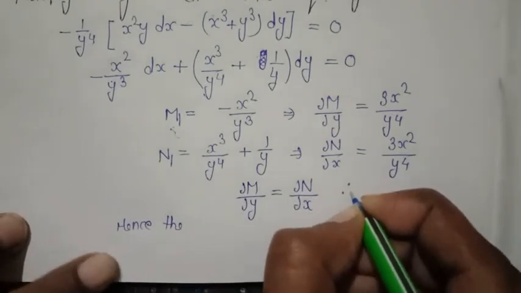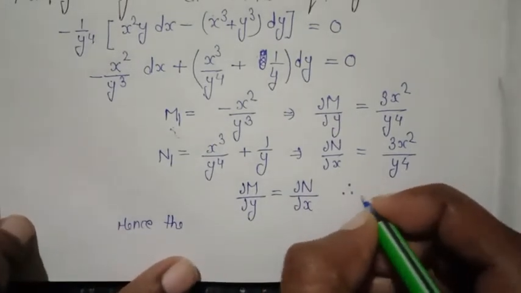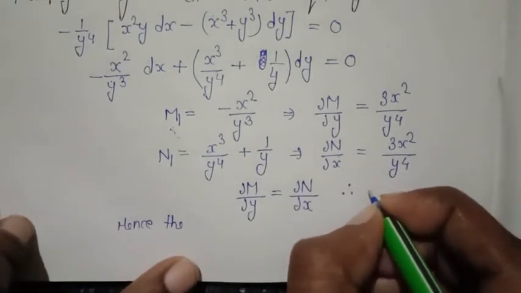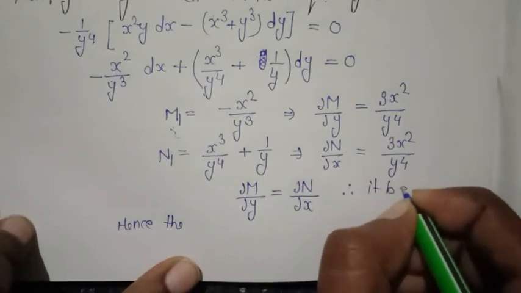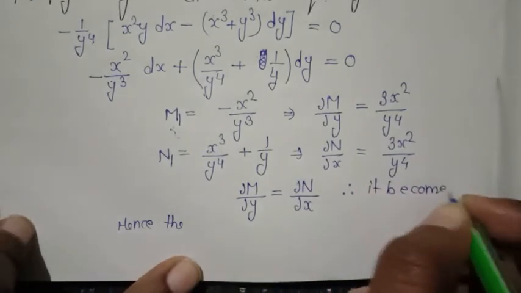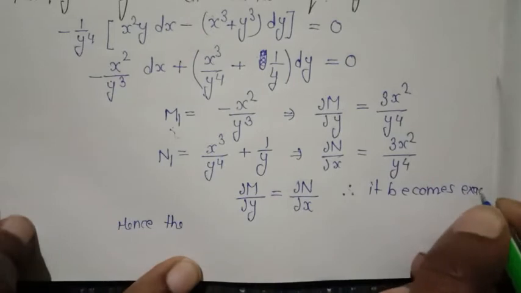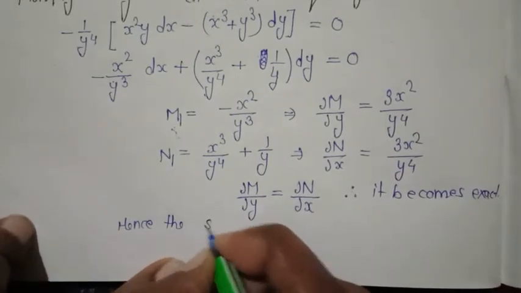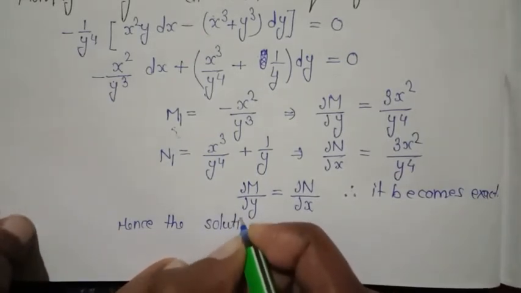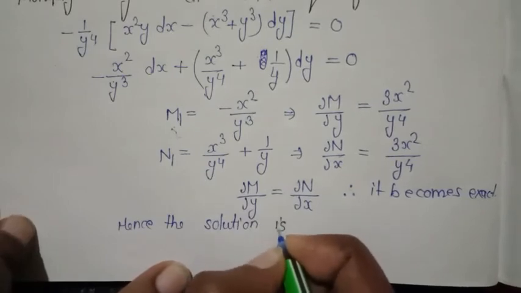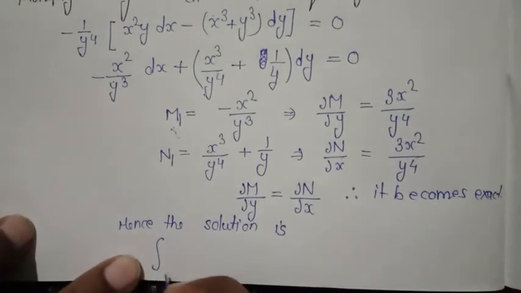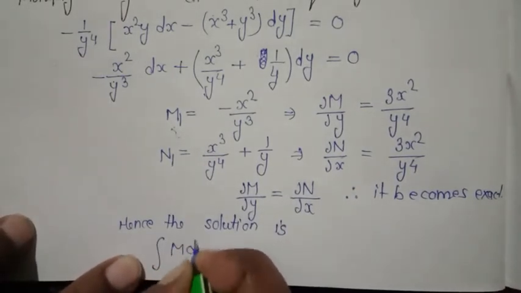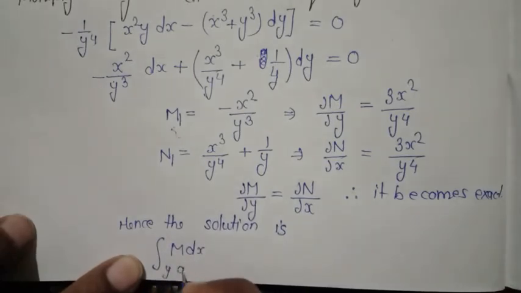Therefore the equation becomes exact. Hence the solution is, what was the method? M into dx, taking y as constant.